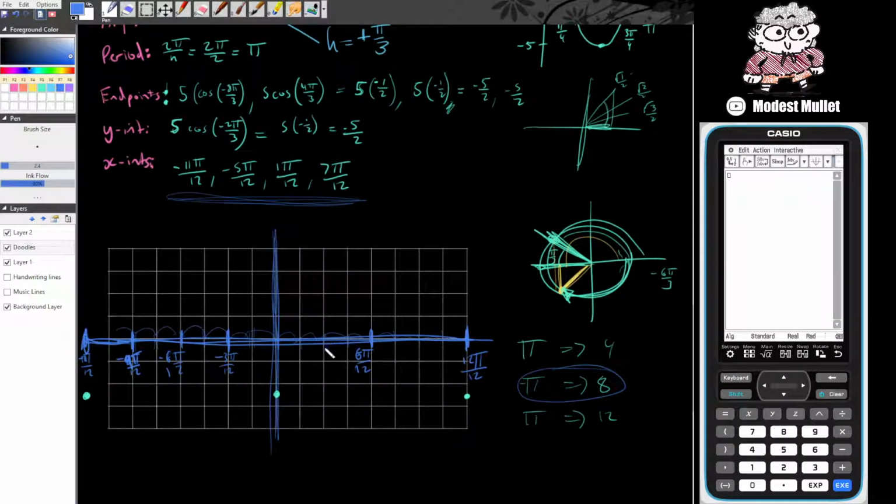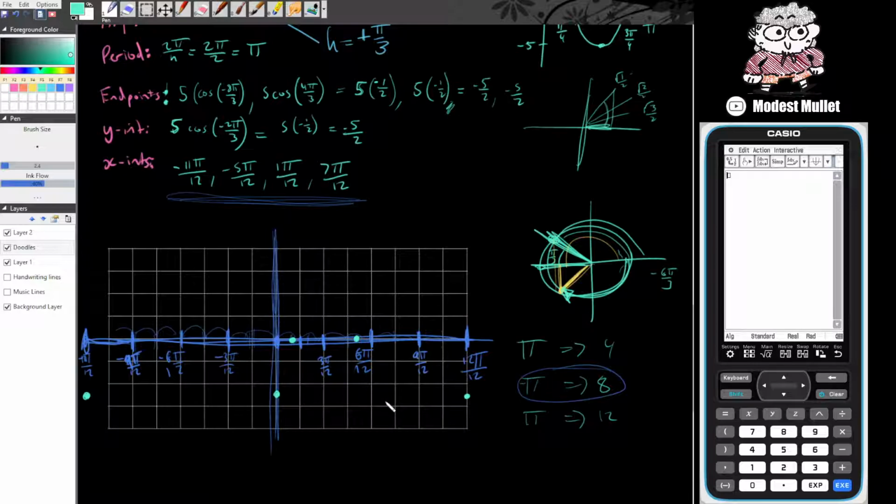So if that's 3 pi on 12, and this is sometimes where it doesn't always work out really nicely, because this grid line between 0 and 3 pi on 12, that's 1.5. But we can split it into thirds. So 1 pi on 12 is roughly about there. 5 pi on 12 is roughly about there.